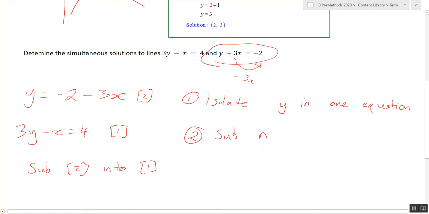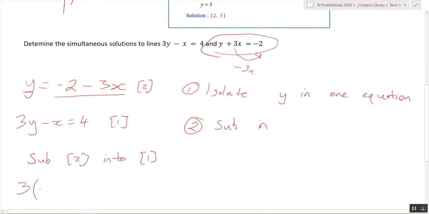So I have isolated y. So wherever I see a y in number 1, I'm going to put all of this stuff. Does that make sense? So we've got to use brackets, otherwise it'll get confusing. So I'm going to put everything in.